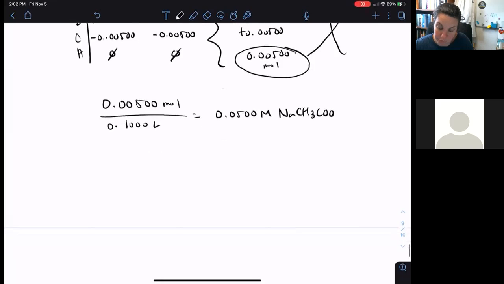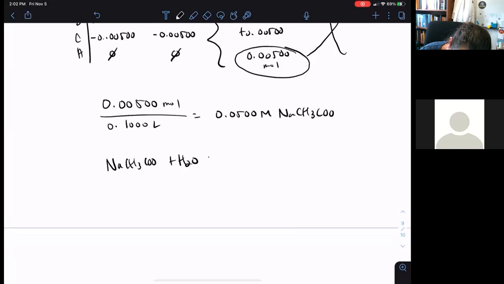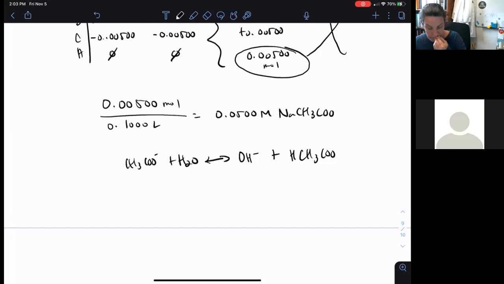And then we can go through our dissociation here to see how much of everything we have. So our sodium acetate plus water will produce OH minus, and I'm actually going to get rid of the sodium ion just for simplicity's sake. Like so.